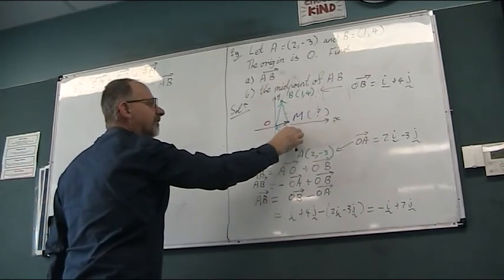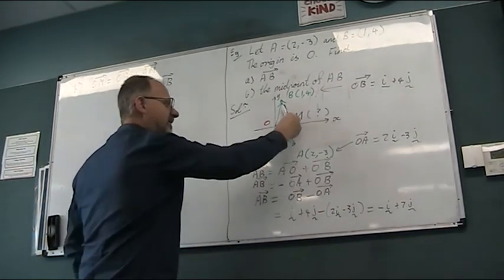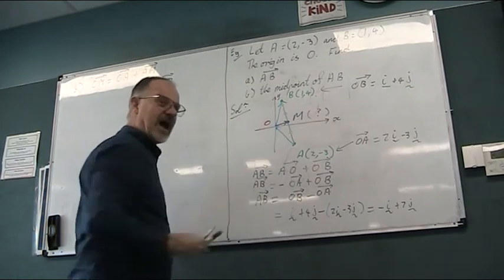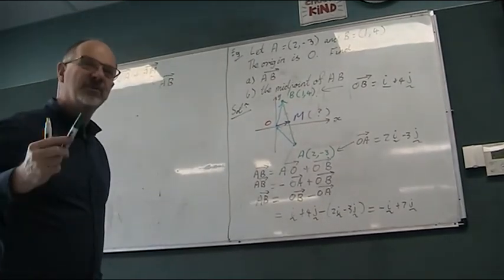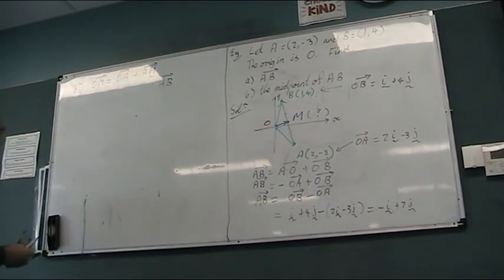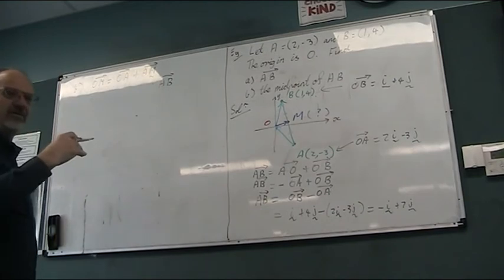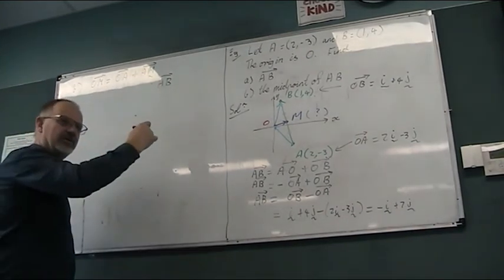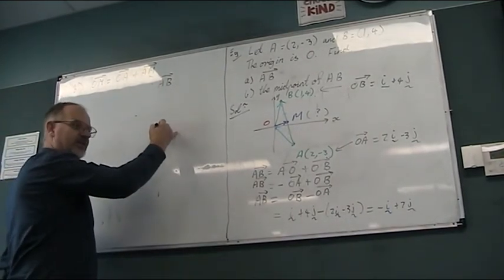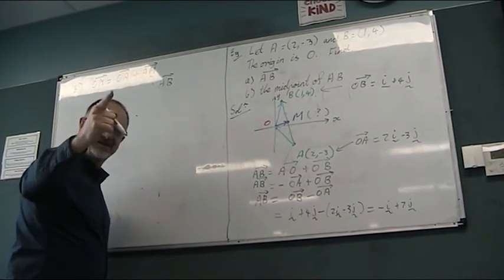This vector, A to M, and this vector, A to B, they are parallel. And what did we say about two vectors that are parallel earlier on? That they're related to each other by some constant times, yes?